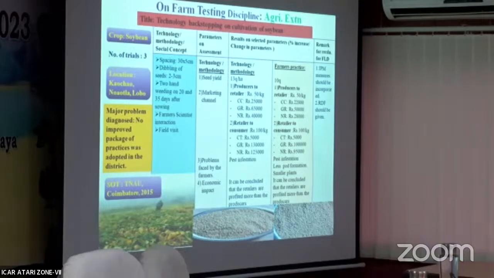And from retailer to consumer, it costs 100 rupees per kg. So taking into consideration the cost of production and everything, the profit that the retailer got is much higher than the profit that the producer got from cultivation of soybean.